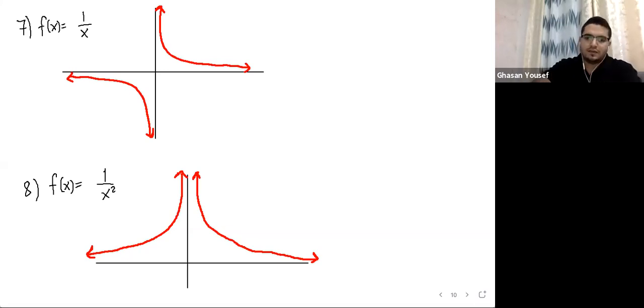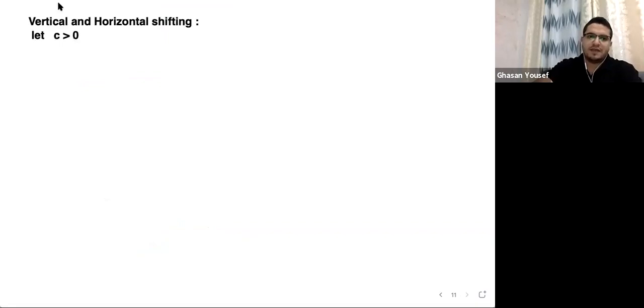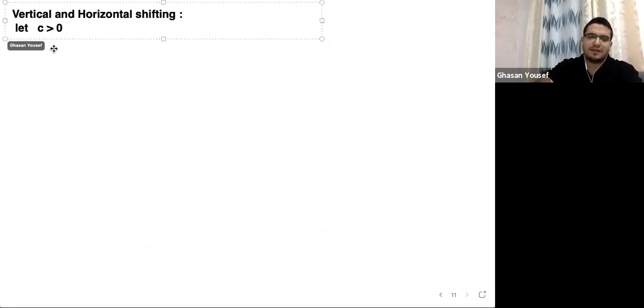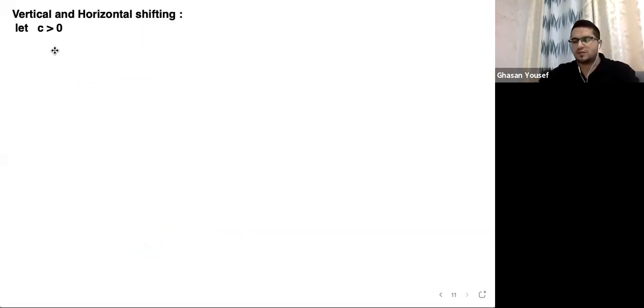Okay, so I'm going to start with vertical and horizontal shifting. Suppose I have a value C, and this C is a positive number. Now I have some rules.